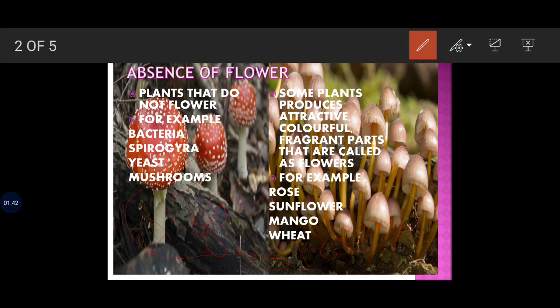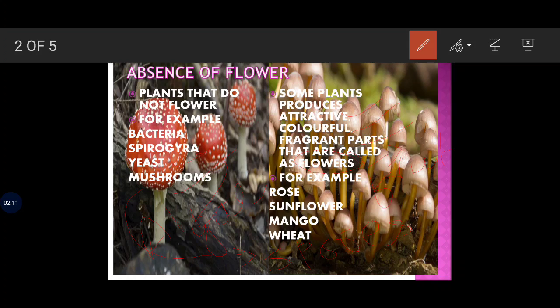Because there are plants which give out attractive, colorful and fragrant modified parts which are known as flowers. These flowers lead to the production of fruit, and fruit production leads to the formation of seeds.